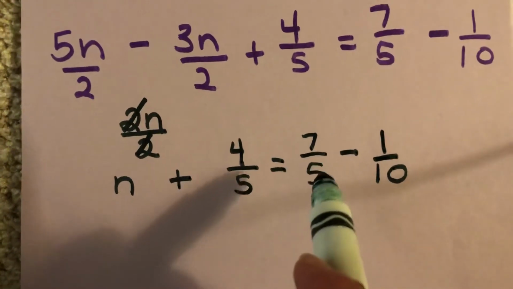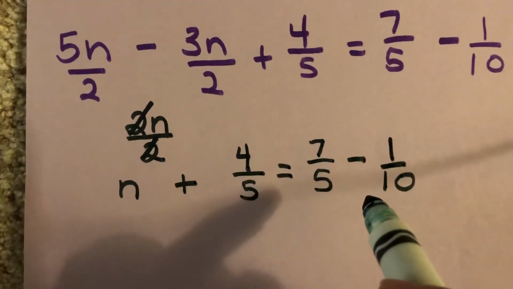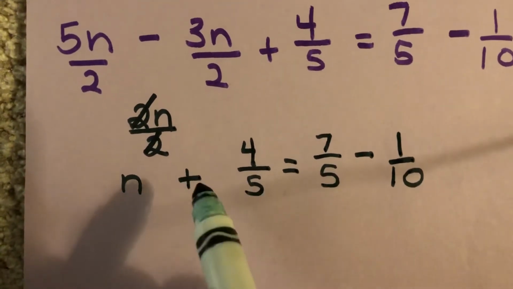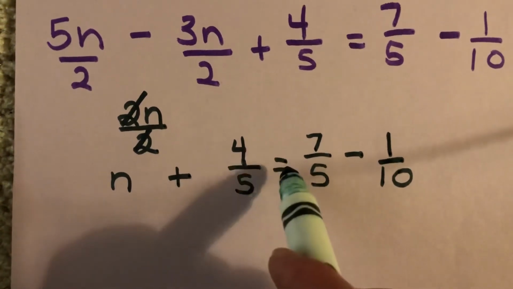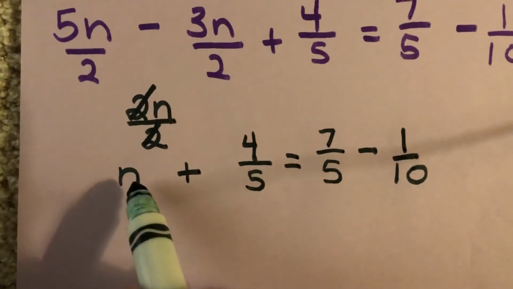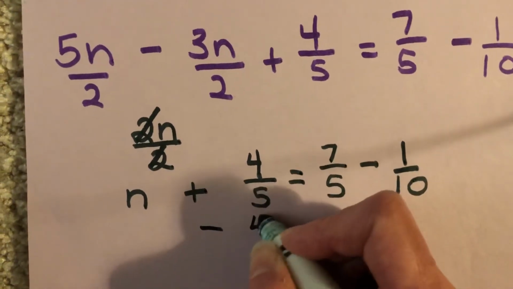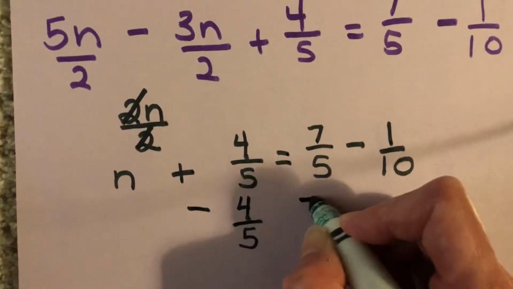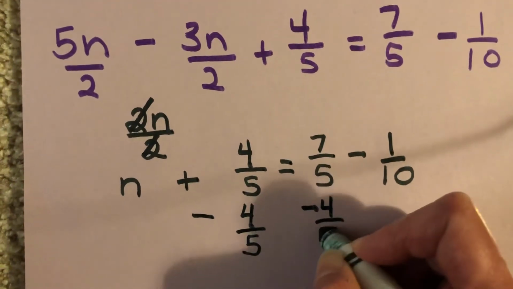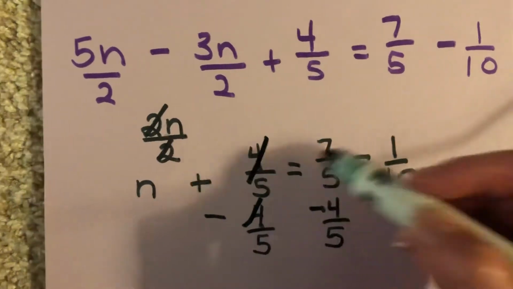I can either get a common denominator here and get this to be 1 fraction, or I can go ahead and subtract the 4/5 because here's my equal sign. I'm trying to get n by itself. I need to do the opposite of adding, which is subtracting. And so I subtract 4/5 from both sides of the equal sign.